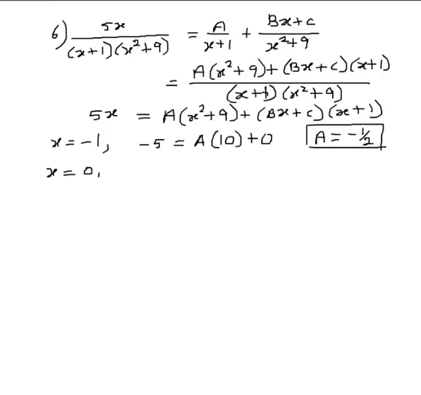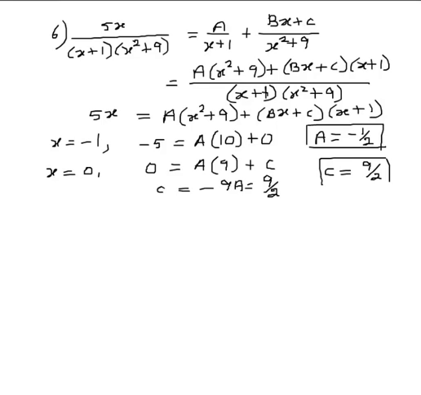Now let us take x as 0. 5 times 0. A into 0 plus 9 is 9. B into 0, 0. So C times 1. C is minus 9A. A is minus half, so it becomes 9 by 2. Therefore, C value is 9 divided by 2.